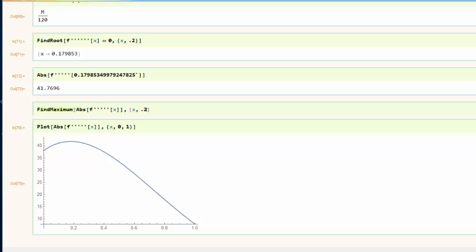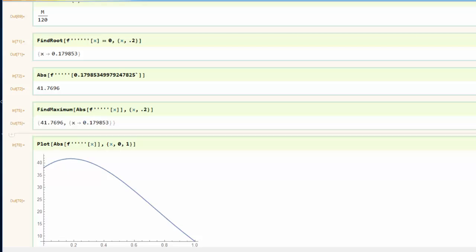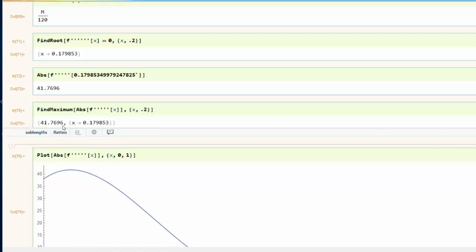In this case, I will choose 0.2 again. And when I evaluate this one, not only will I get what that maximum value is, the value I'm going to choose for M, but I also get where that value occurs. So whether you use the Calc 1 optimization technique or the find maximum command, we have to do some sort of optimization to find the correct value, the best value for M in this case.